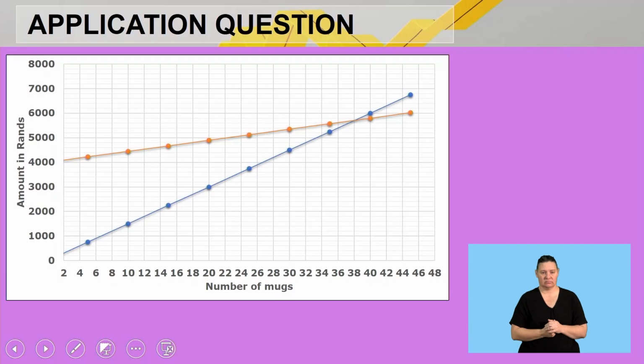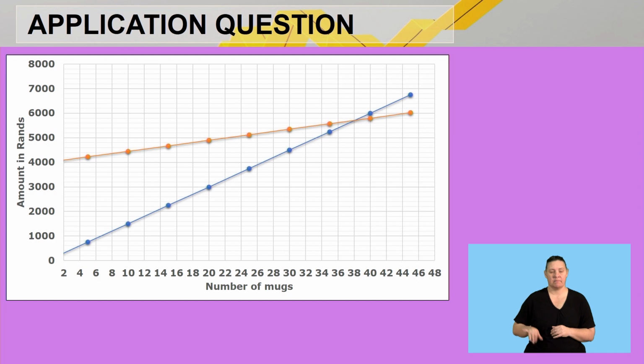Let's quickly look at the graph. Now, there is two lines, the orange line and the blue line. Let's first look at them and decide which one is the income and which one is the expenses.